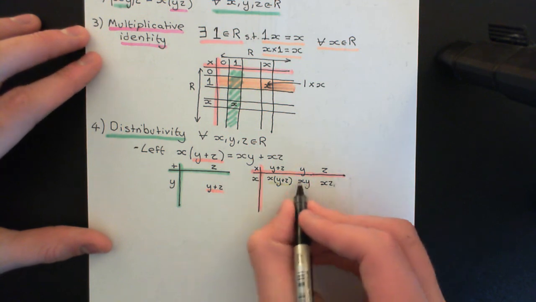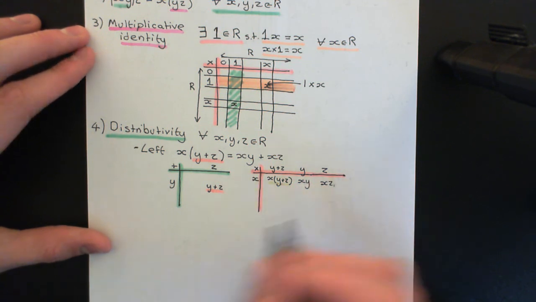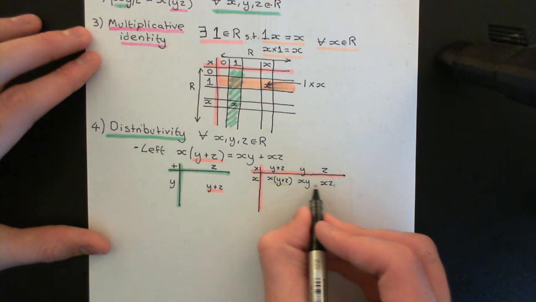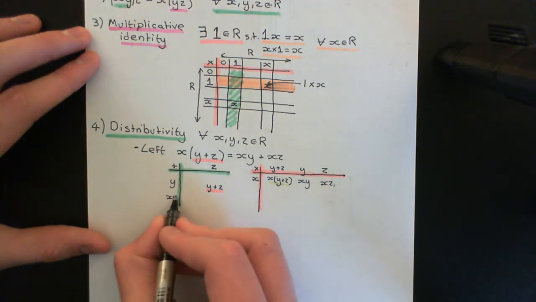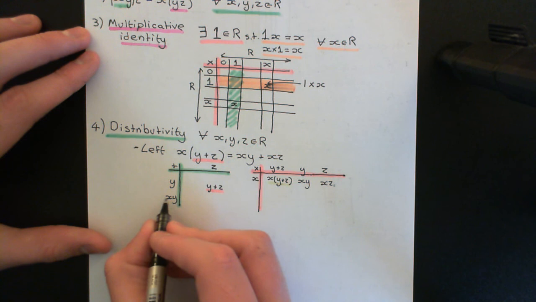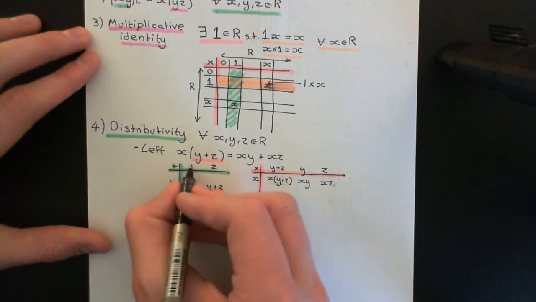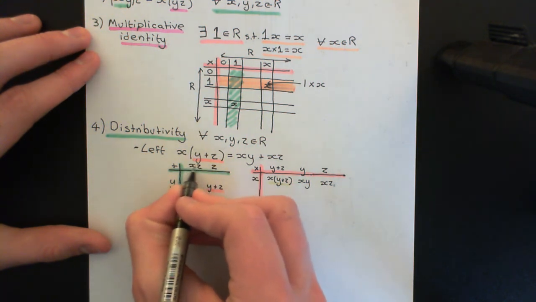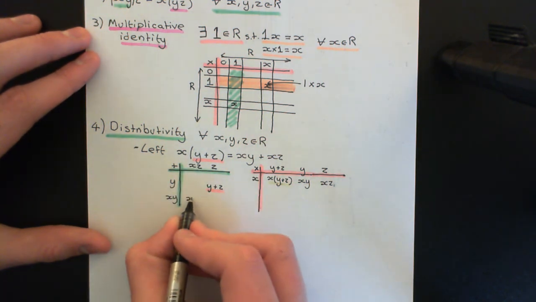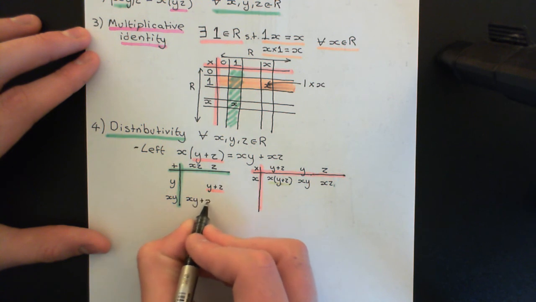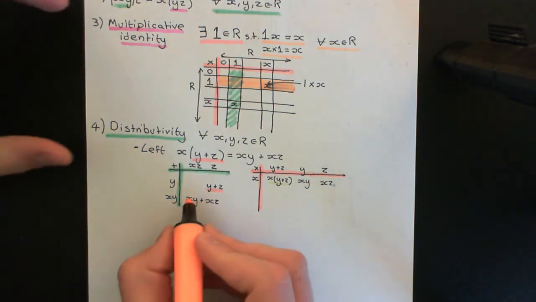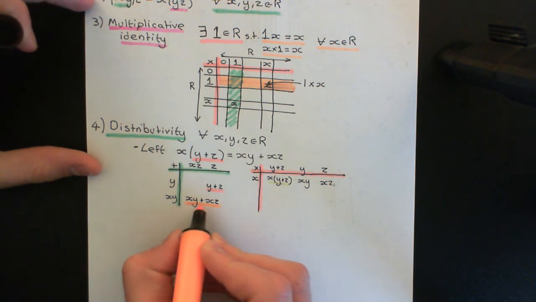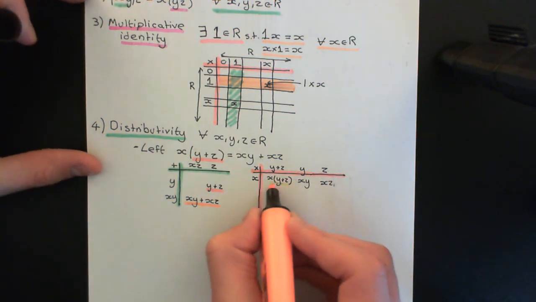So the row corresponding to x, column corresponding to y and z, and then taking these two answers, x times y and x times z, let's arbitrarily say that this element x times y, its row is down here, and the element x times z, its column is here, and I'm then adding these two together. So I have x times y plus x times z here in my addition composition table, and hopefully you can appreciate that this is a different entry to this one over here.